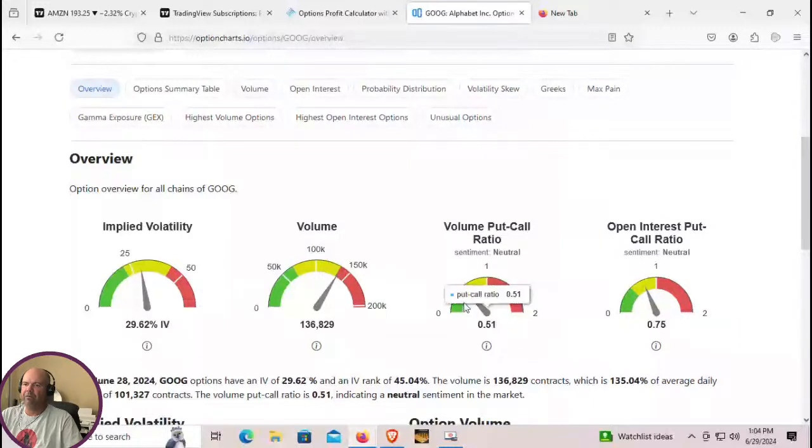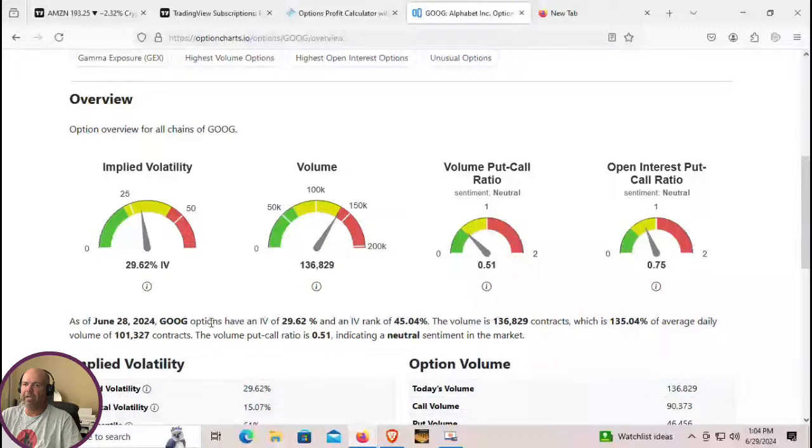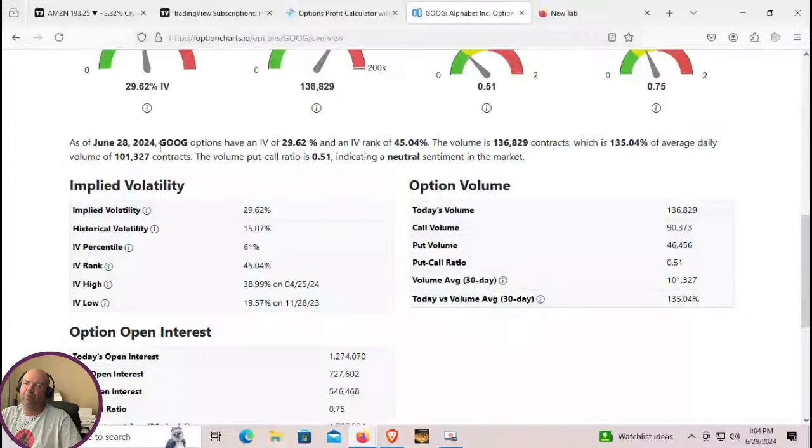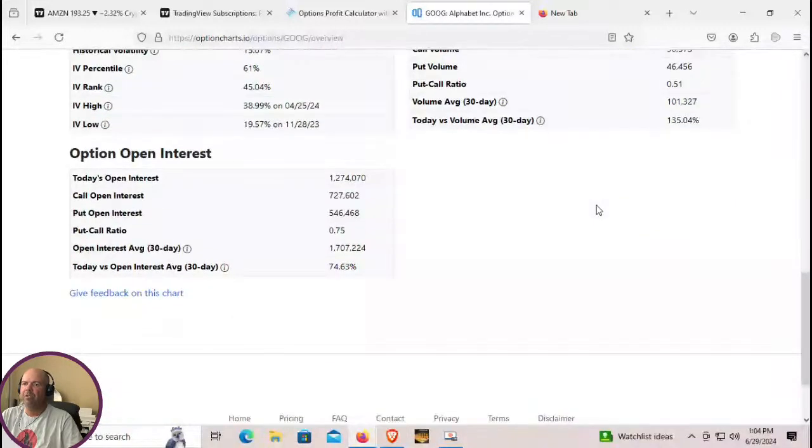The June 28 option has IV 29% and IV rank at 45%. The volume is 136,000 contracts, which is 135% of average daily volume of 101,327 contracts. The volume put call ratio is 0.51, indicating a neutral sentiment in the market. Right now, Google is neutral.